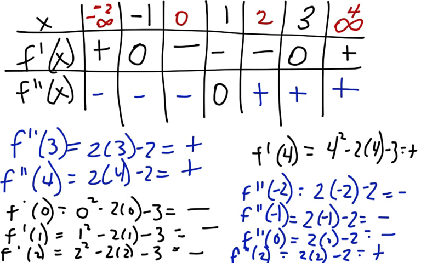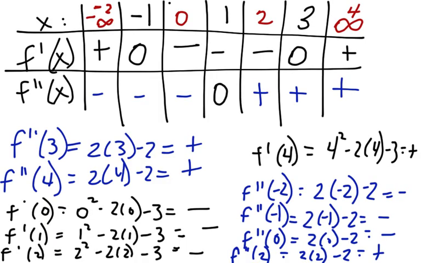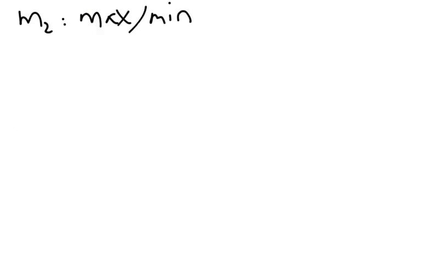Now I can go through and do my analysis of each of the features. Maxes and minimums. Remember, maxes and minimums are where we change signs on our first derivative. So I have a potential candidate for that at x equals -1 and at x equals 3. But I don't just want the x values, I want the y's associated with those.